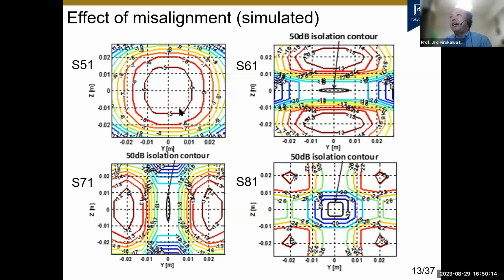This is the 80 GHz band operation using 60 by 16 elements. The contour is every 1 dB, so you can imagine how much misalignment you can allow according to these results.